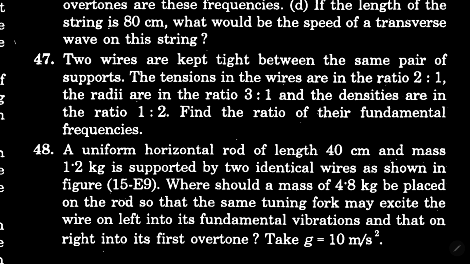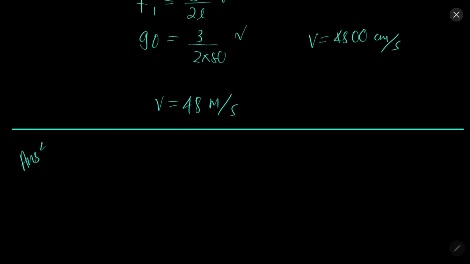In question 47, we have two wires which are kept tight. Find the ratio of the fundamental frequencies. Solution 47. So frequency is 1 over L d root T over pi rho.